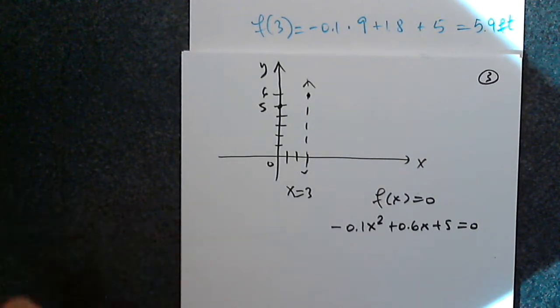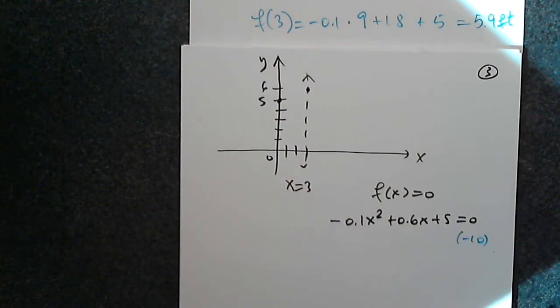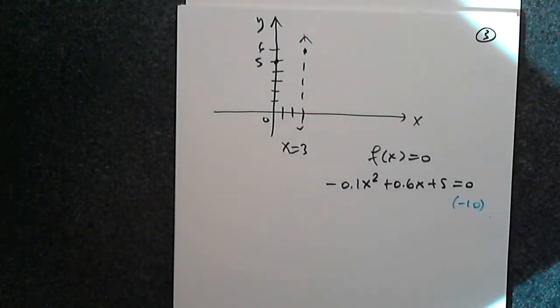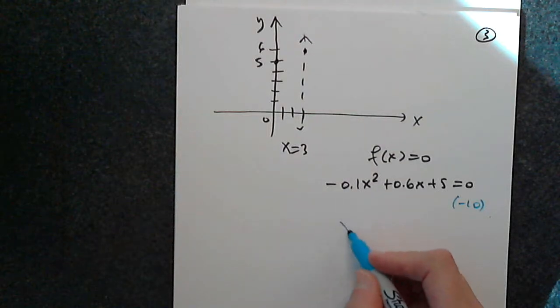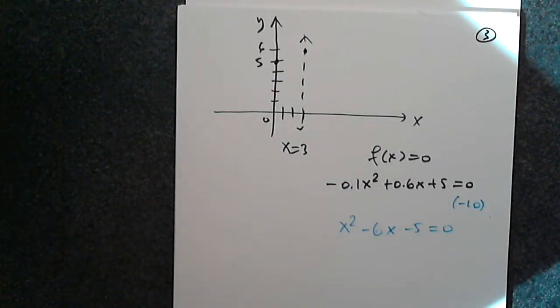How do I solve this equation? And first of all, what type is it? Quadratic. Excellent. What would I recommend doing first? Yes, multiply both sides by negative 10, get rid of the decimal numbers, and get rid of the negative leading coefficient. So this is x squared minus 6x minus 5 equals 0.